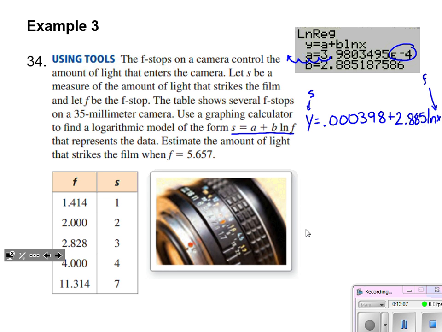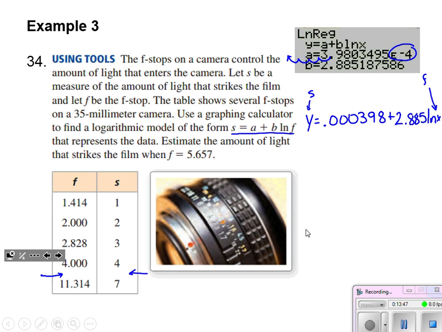And then it says to estimate the amount of light that strikes the film when F is 5.657. So we're anticipating, based on the table, something that's going to be between 4 and 7 as an output, and probably much closer to the 4 than to the 7. So in the calculator, yet again, I'm just going to type in 0.000398 plus 2.885 times the natural log of 5.657.